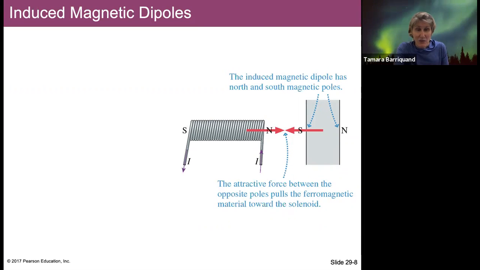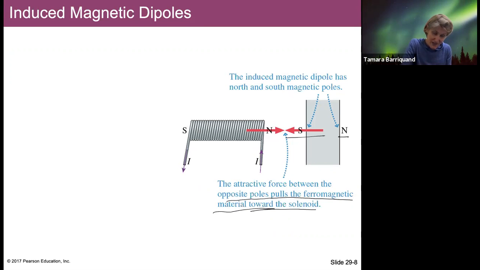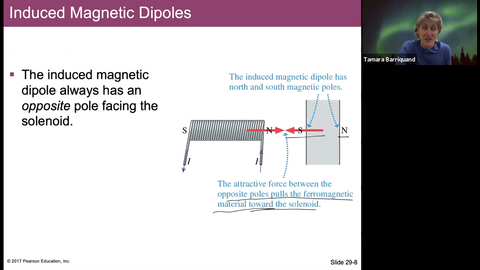So here, what we end up with is an induced dipole that has north and south magnetic poles. The attractive force between the opposite poles pulls the ferromagnetic material toward the solenoid. The induced magnetic dipole always has an opposite pole facing the solenoid.